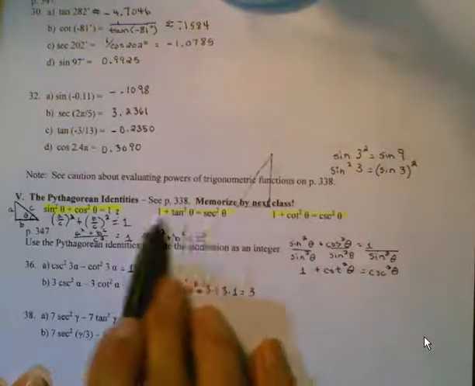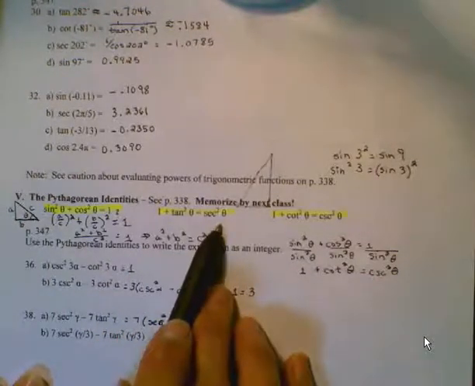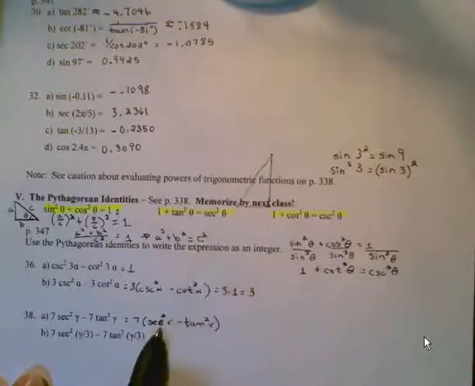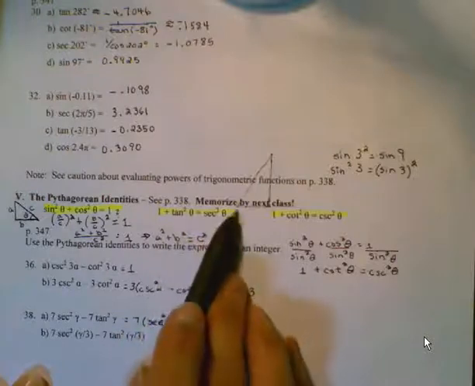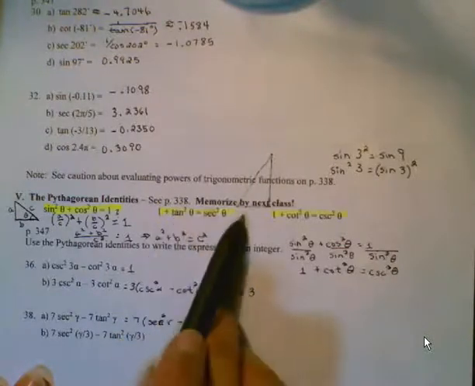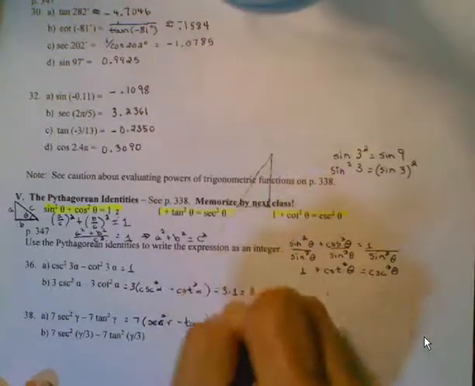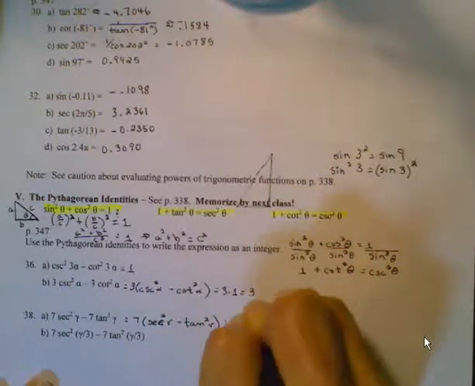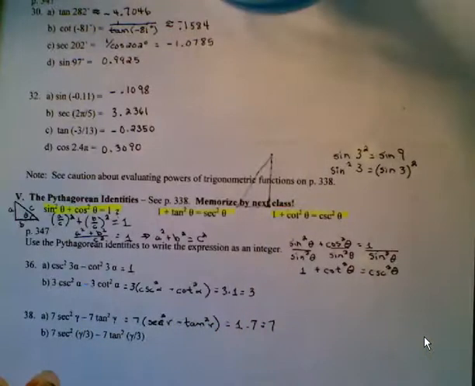And if you look at this second Pythagorean identity, you can get it in the form secant squared minus tangent squared just by subtracting tangent squared from both sides. And you would have secant squared minus tangent squared equals 1. So the expression that we're given is 7 times 1, or 7.